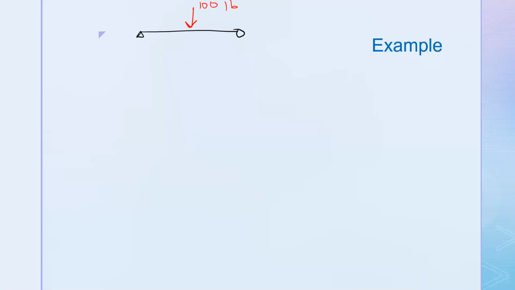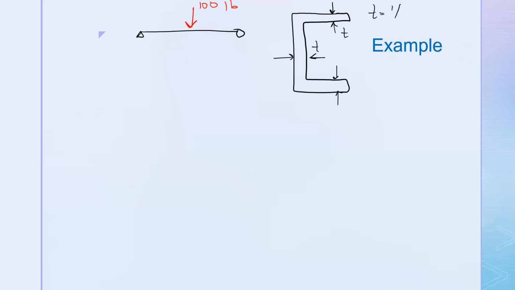And the cross section is a C shape. All of these members have the same thickness. Thickness is 1/2 inch.